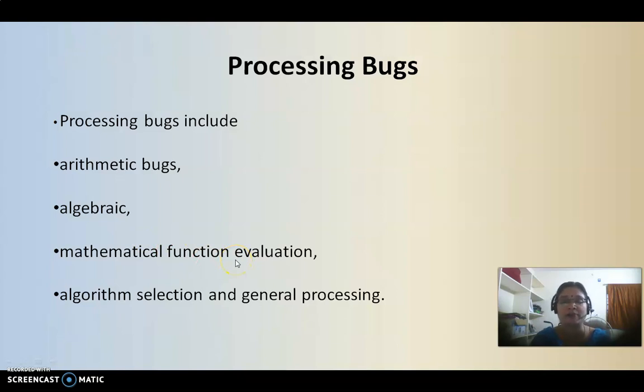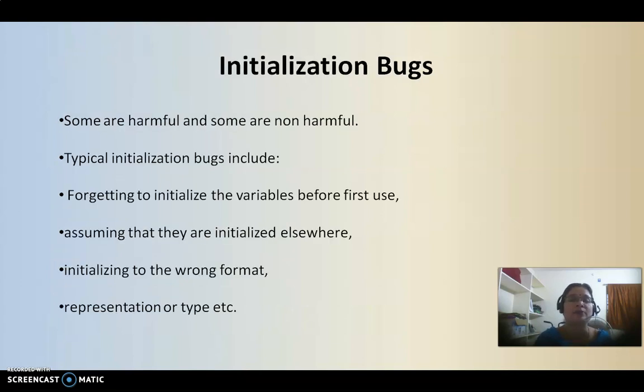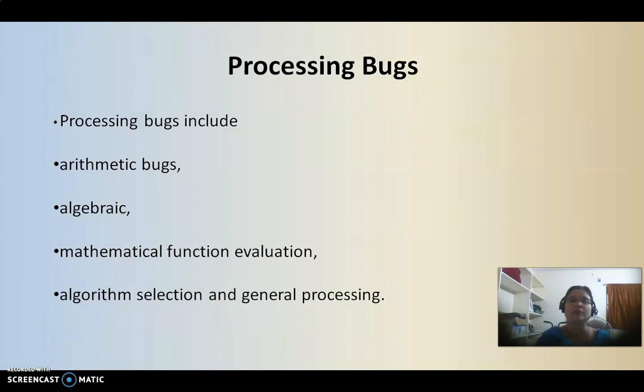We also have bugs in the algorithm section and general processing. While we are processing the code according to the algorithm we have written, we will get these kinds of processing bugs there too. Normally these processing bugs can be easily caught during compilation itself, and we can rectify them by debugging.